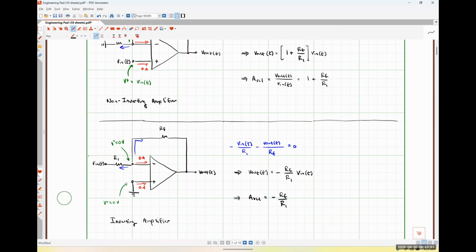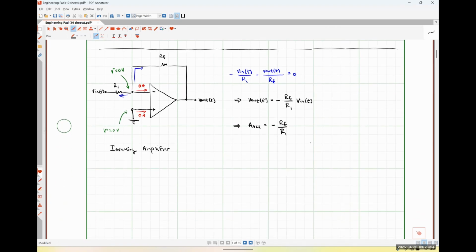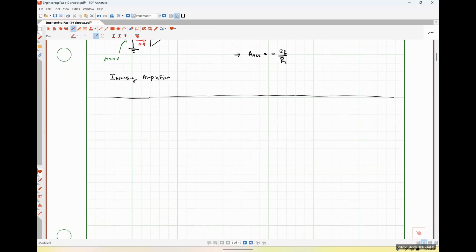All right, so let's modify this guy slightly. So let's say that I have this circuit. Just starting with my basic op-amp, I'm applying my feedback path, some resistance RF.